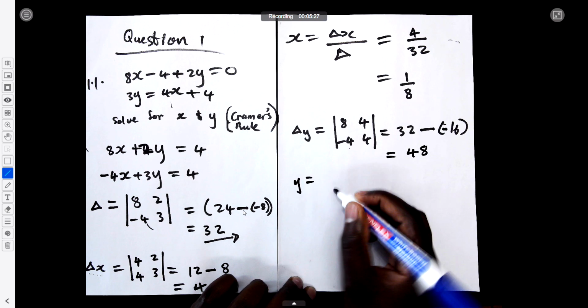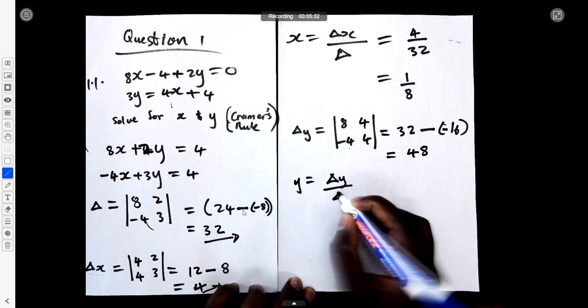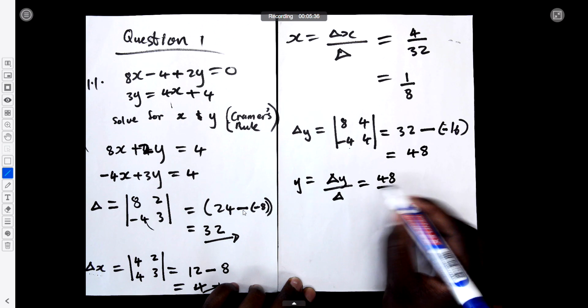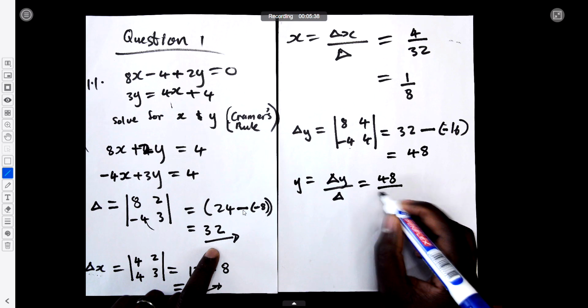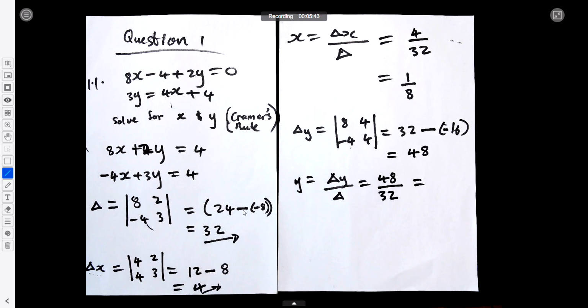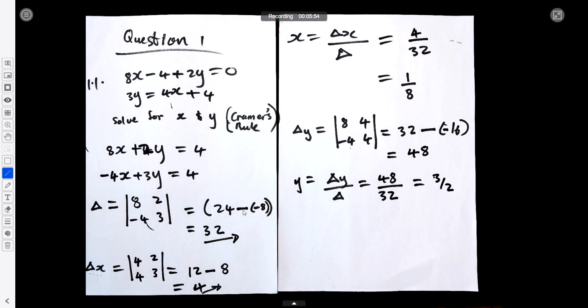Now we can calculate y. y is equal to delta y all divided by delta, so 48 divided by 32. The value of y as a fraction is 3 over 2, or you can leave it in decimals as 1.5.